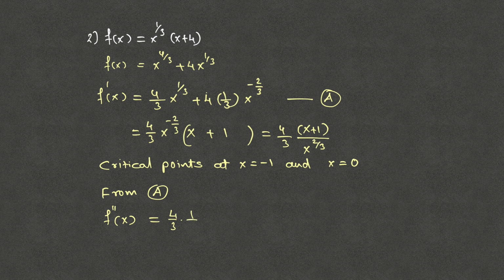The second derivative is equal to 4/3 times 1/3 times x to the negative 2/3 plus 4/3 times negative 2/3 times x to the negative 5/3.